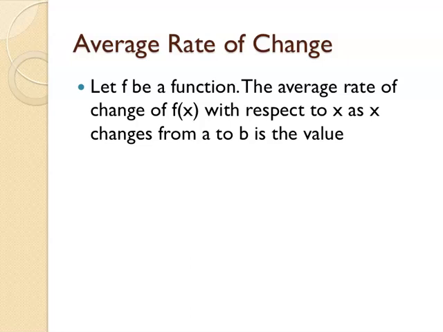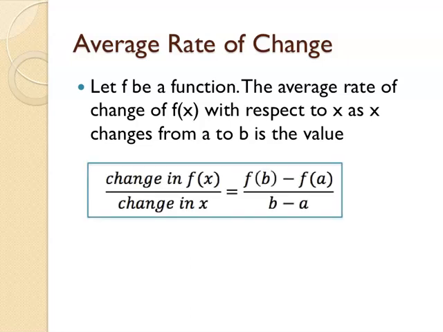Then, to find the average rate of change, you would have to find the y values at A and B and find the difference between those y values and put it over the difference between A and B. So change in f of x over change in x, which in this case is f of b minus f of a, those are the two y values at a and at b, and put it over b minus a, those are your x values.